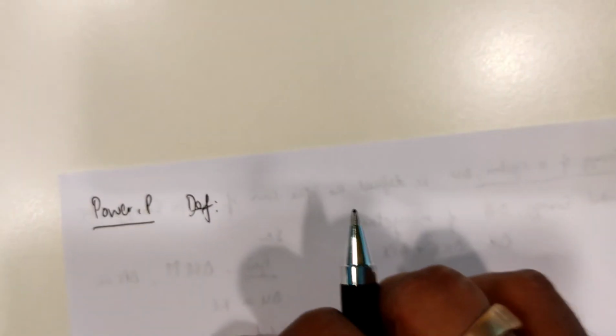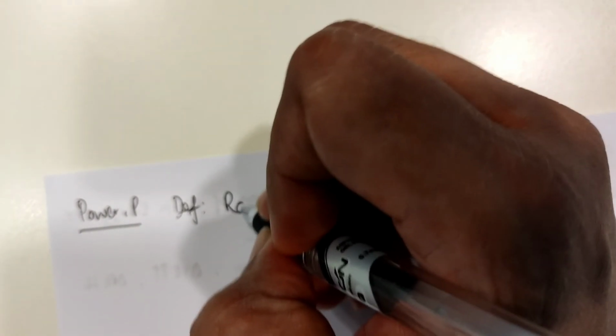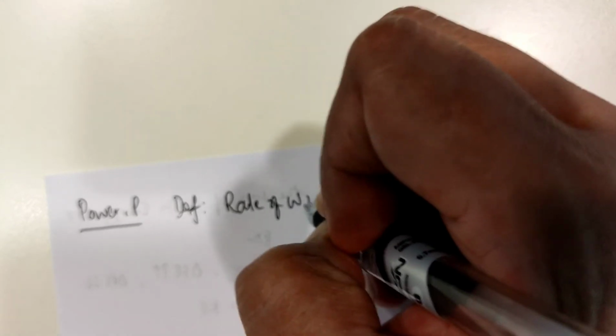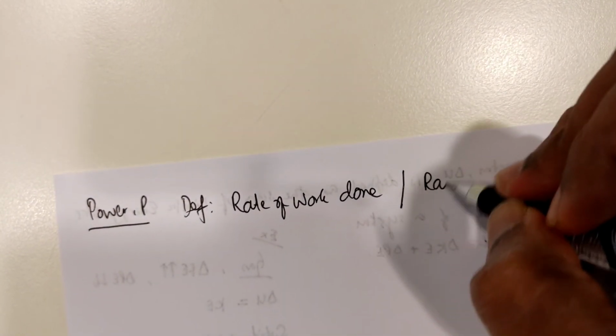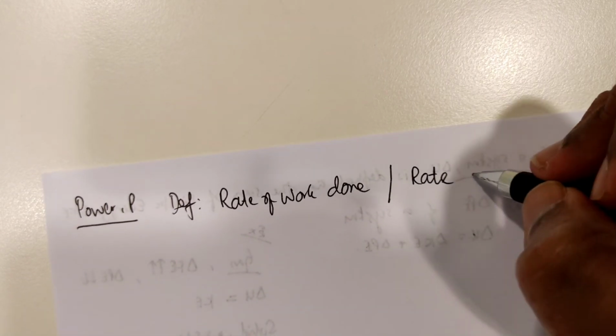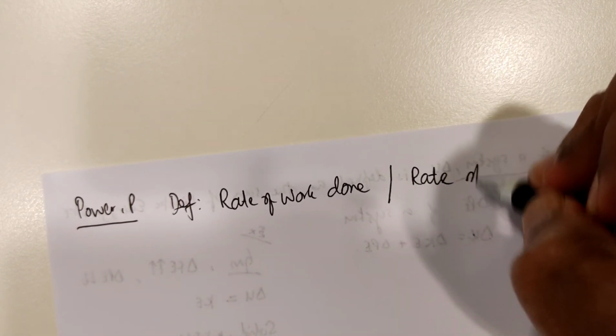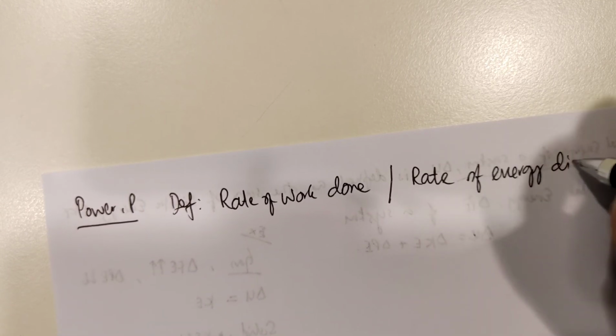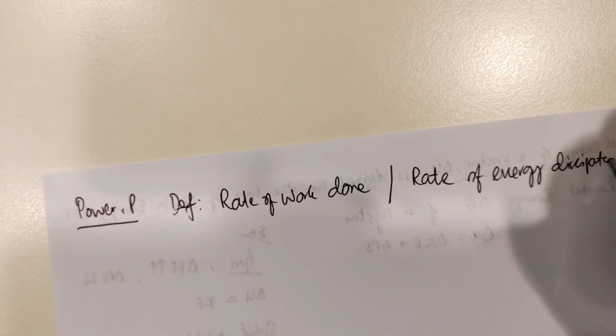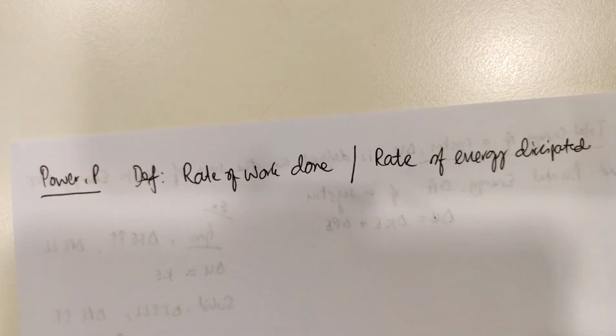Power is defined as the rate of work done, or sometimes as the rate of energy dissipated or changed. Dissipated means energy produced also counts.